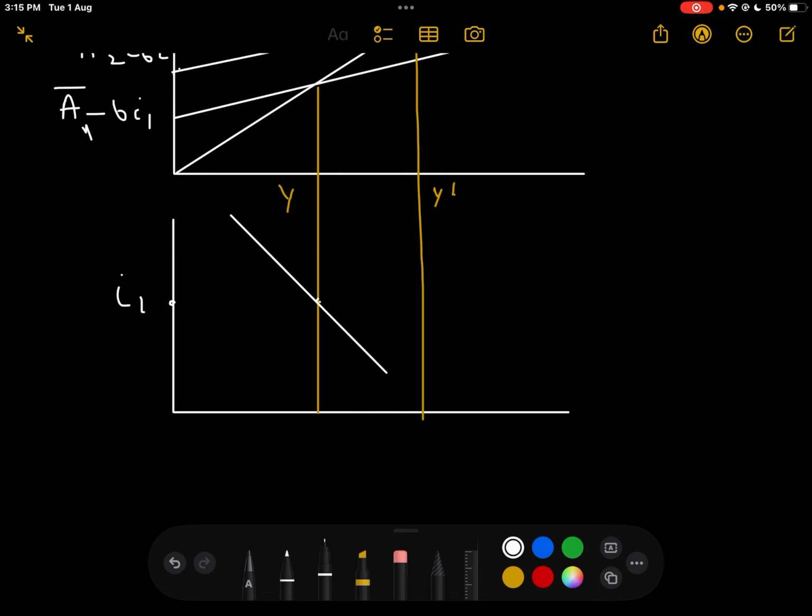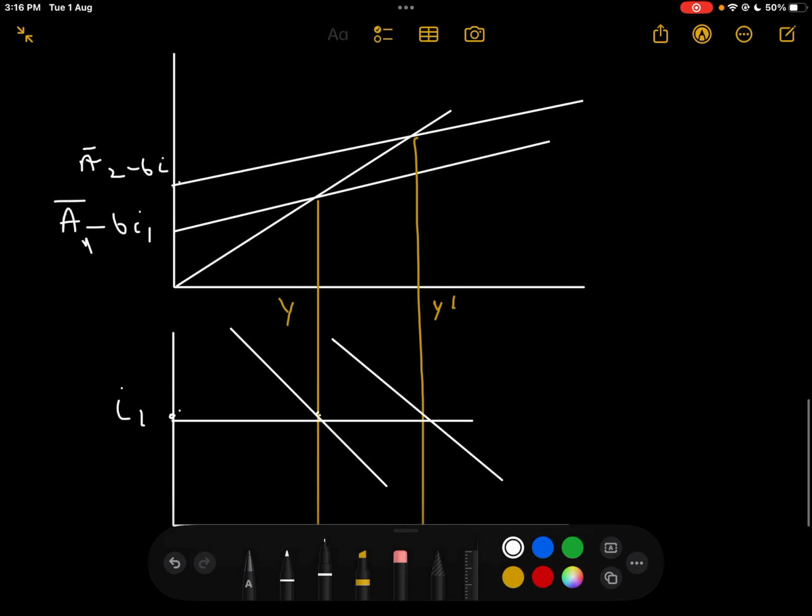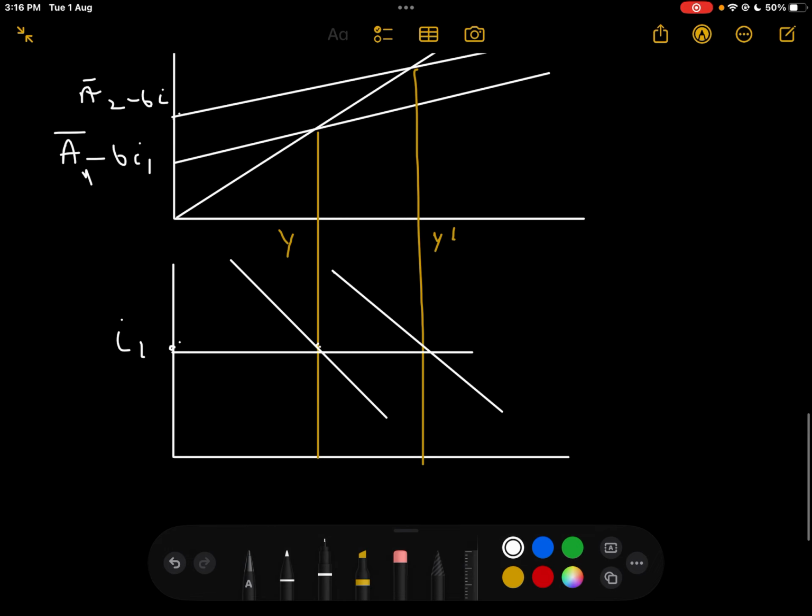Since our income has increased but our rate of interest remains the same, we'll get a rightward shift in our initial IS. This will be our IS2. So this is the case in which our IS curve shifts rightward. From y to y dash, our income increased at the same rate of interest. So this is the shift in IS.